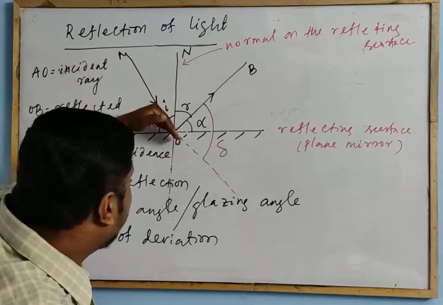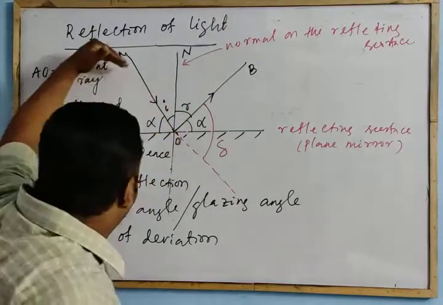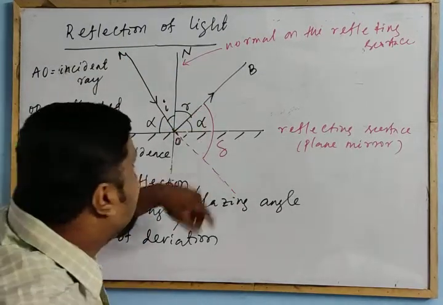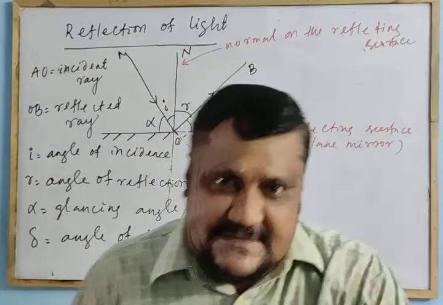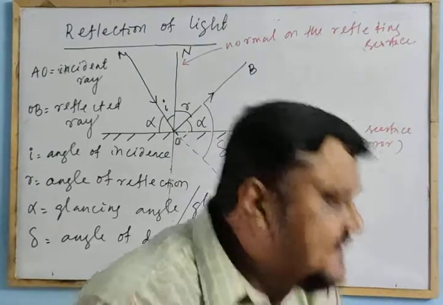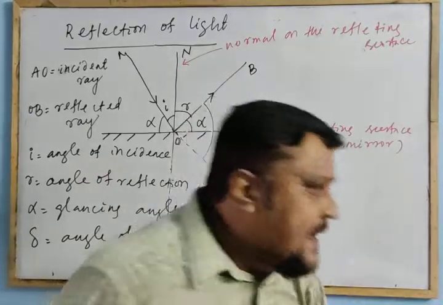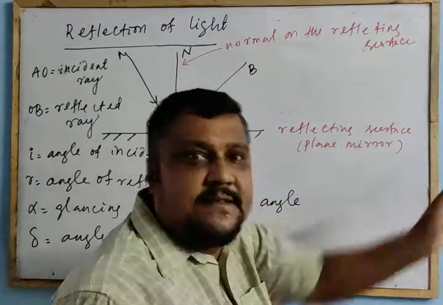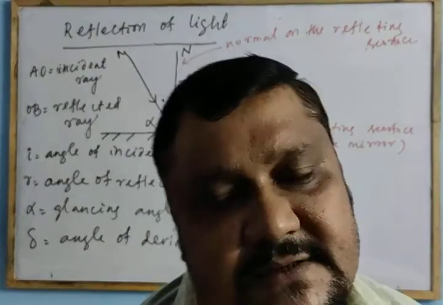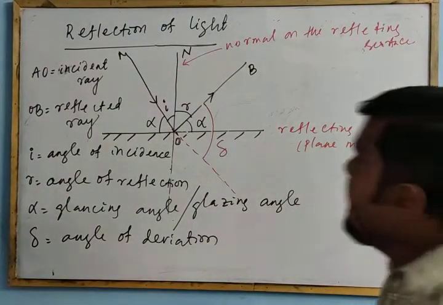The incident ray is not actually traveling along this path, it is reflected back. But if it traveled along the line of action of the incident ray, then this angle is called deviation. What do you mean by deviated? I am deviating from my path. My actual path is along this direction, but I get deviated. So the angle from the actual path to the deviated path is called the angle of deviation. Now, this is about reflection.